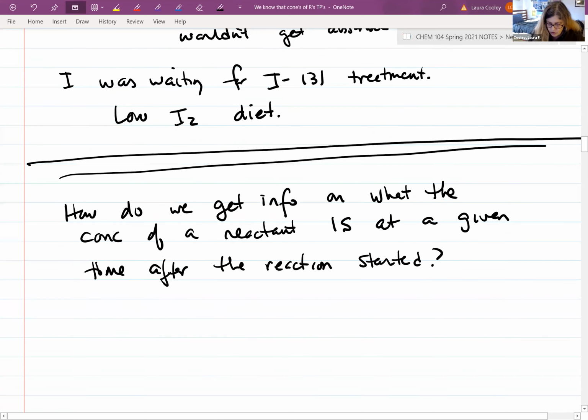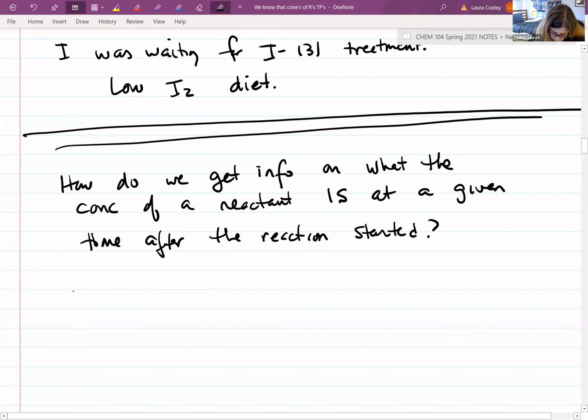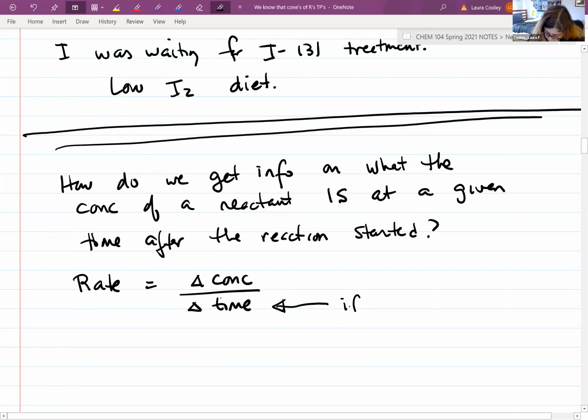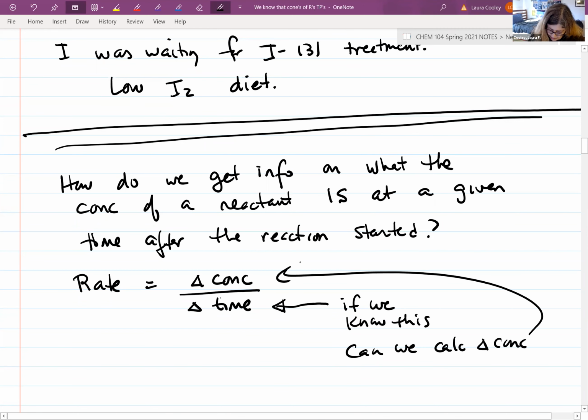So where do we begin? Well, we know that rate is the change in concentration over the change in time. So if we know the change in time, can we calculate the change in concentration? Of course, you'd have to know the rate.